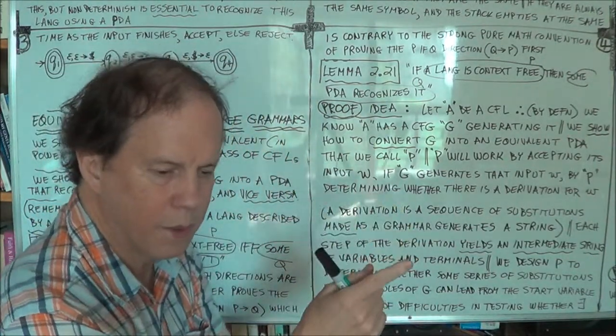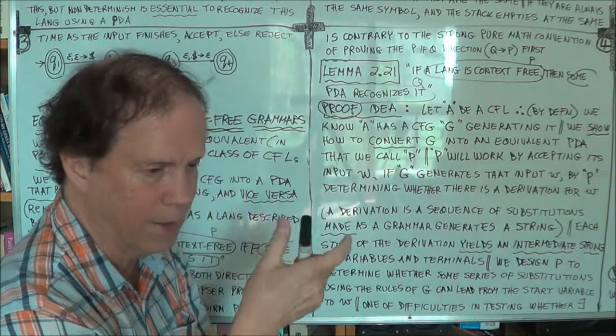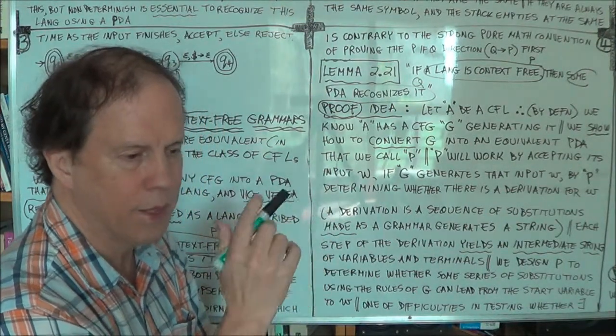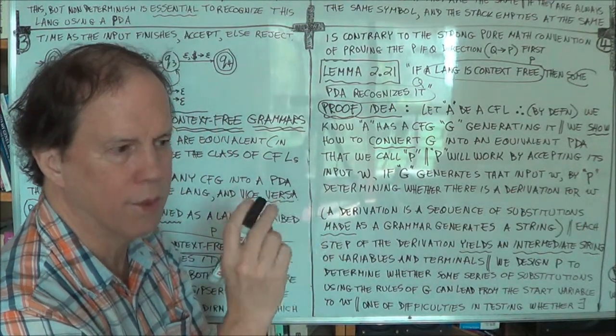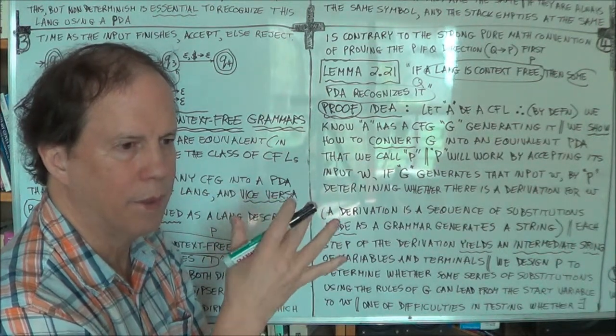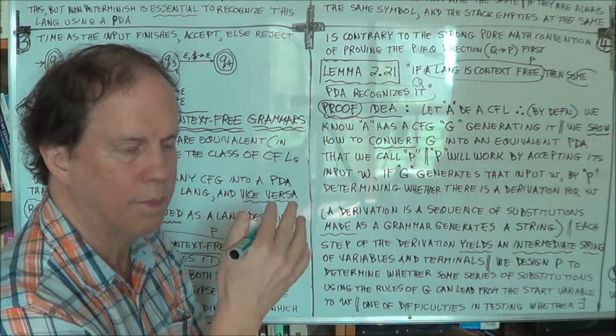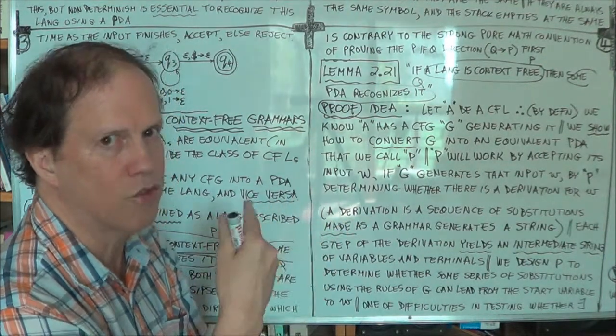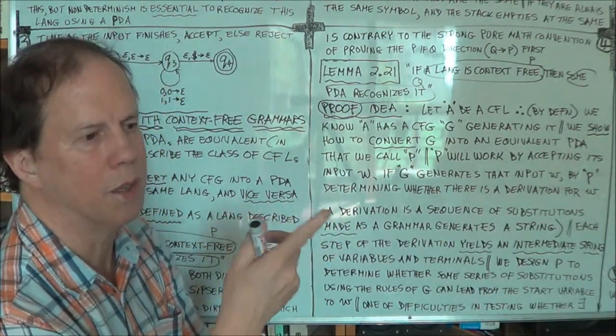So you'll start with your S, your start variable, and then you'll start using substitution rules to modify the intermediate string that you generate each time.